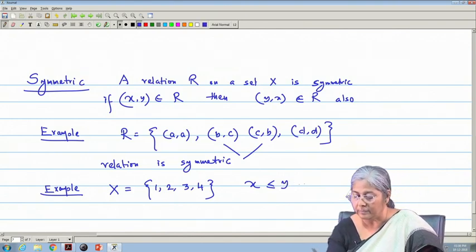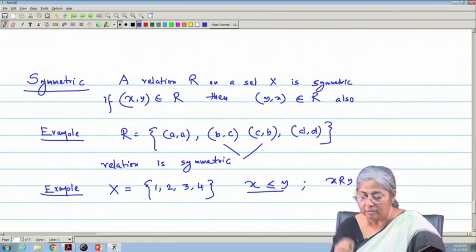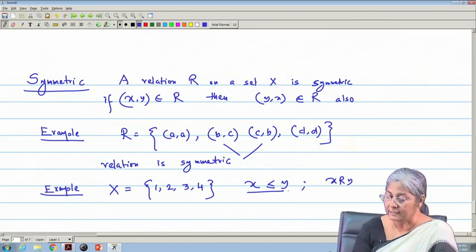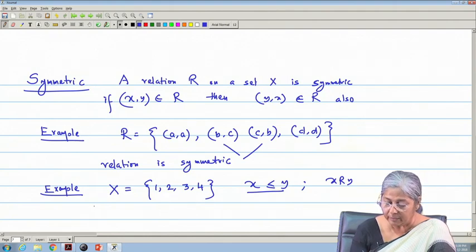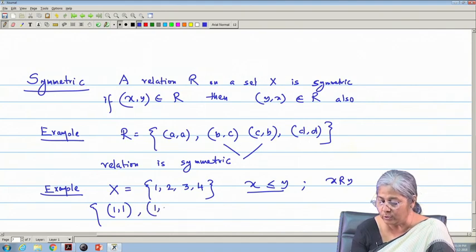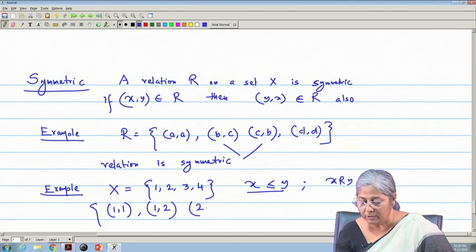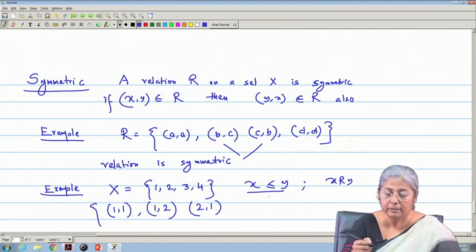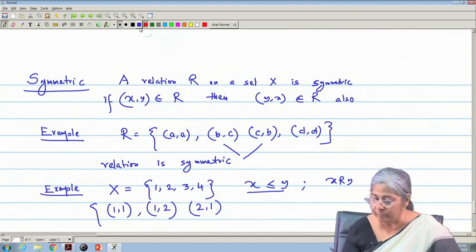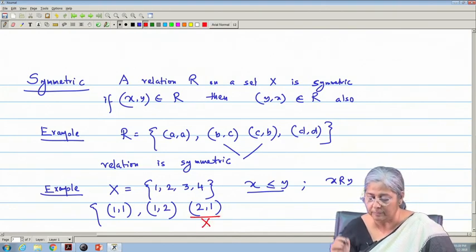Now, see that if I consider (1, 1) is there, (1, 2) is there, but (2, 1) can never be there. Here we never get (2, 1) because it is only ordered with x less than equal to y. So, y can never be less than x, so this cannot be here.